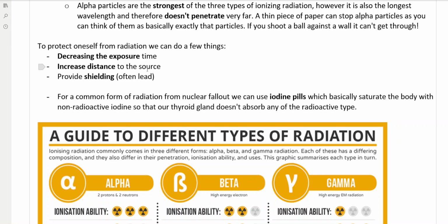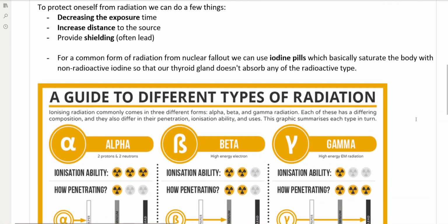This radioactive iodine gets absorbed by our thyroid gland. So we take iodine pills in order to oversaturate that thyroid gland, and so the thyroid gland can no longer absorb any more iodine, and therefore doesn't absorb the radioactive type of iodine. It's kind of like a vaccine, but for radiation.